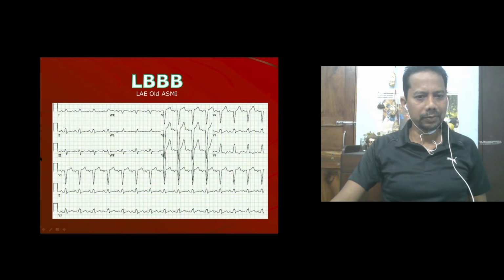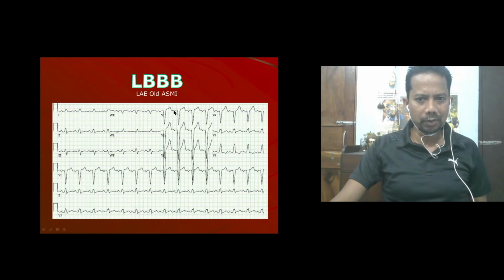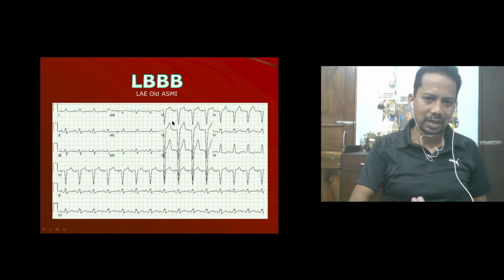What else are you seeing? So let's come to this P wave again. Now look in V1, the P wave is biphasic; this small notch is the right atrium. The rest of the atrial depolarization has been overpowered by the left atrium. The negative component of the left atrium is very prominent. You can say P is inverted in V1.